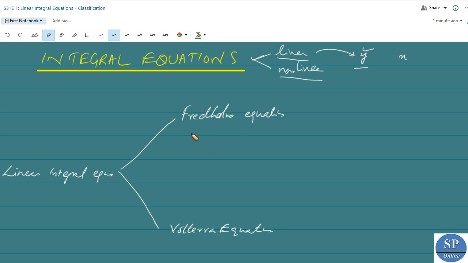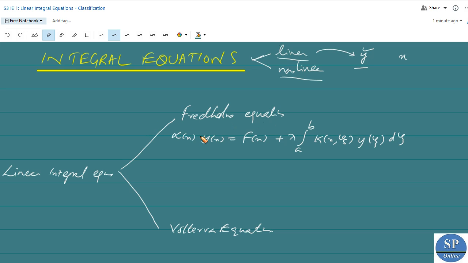A Fredholm linear integral equation has the form alpha of x into y of x is equal to f of x plus lambda into integral a to b k of x, zeta into y of zeta d zeta.